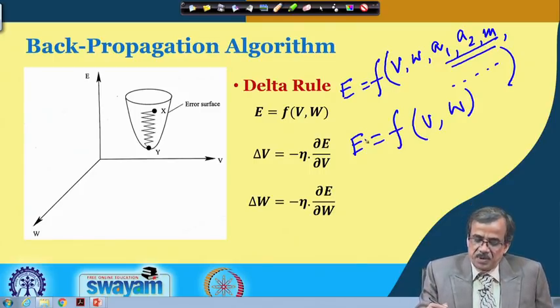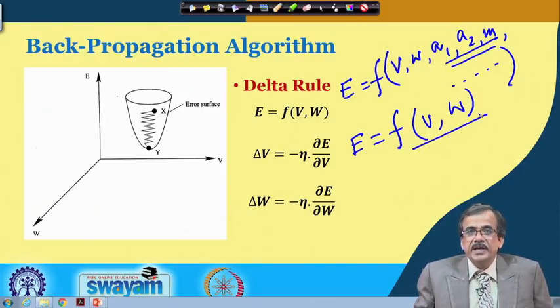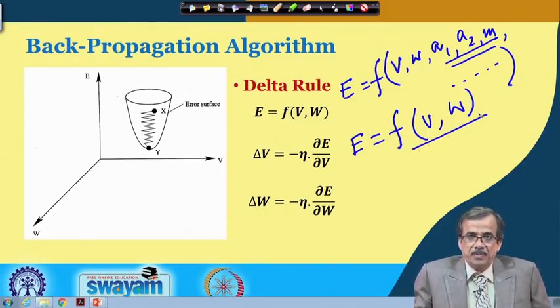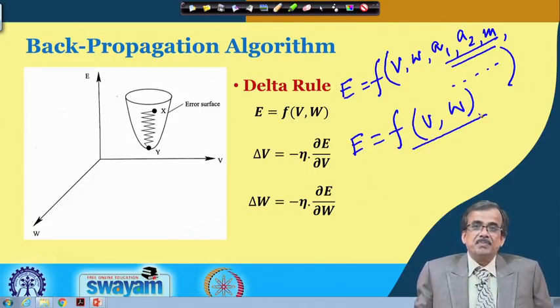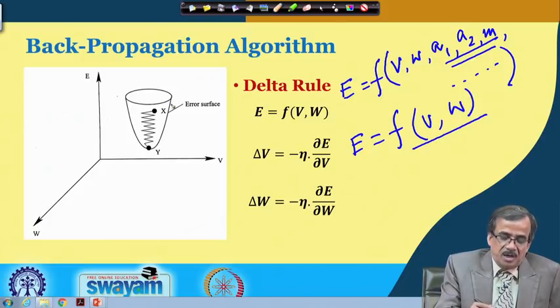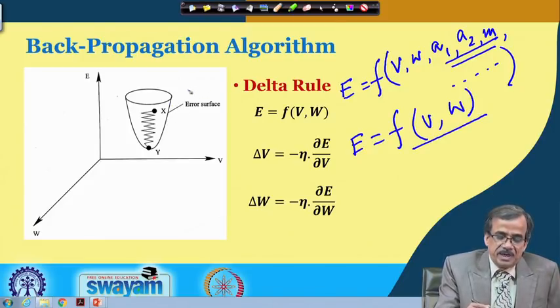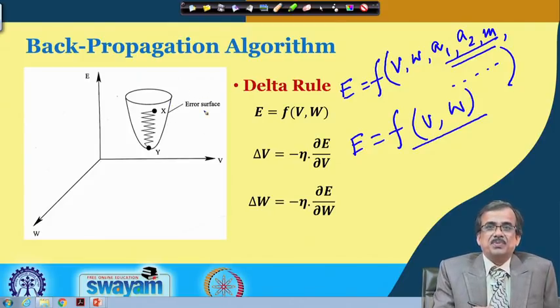If I express this error in prediction as a function of two variables V and W, very easily we can prepare the plot, and that plot is nothing but the error plot, and we will be getting this particular error surface.